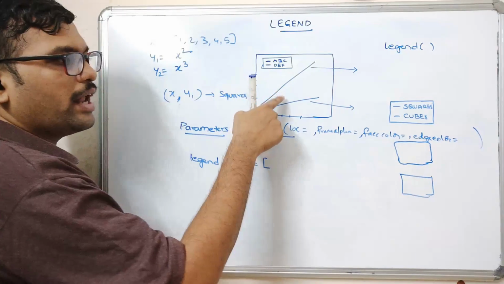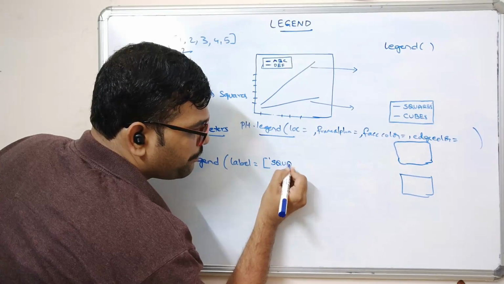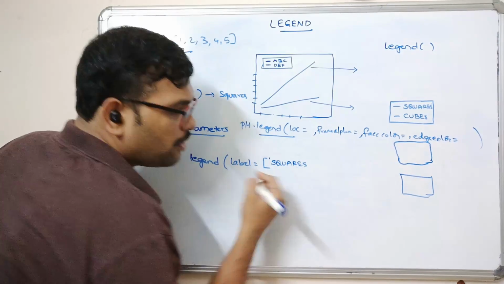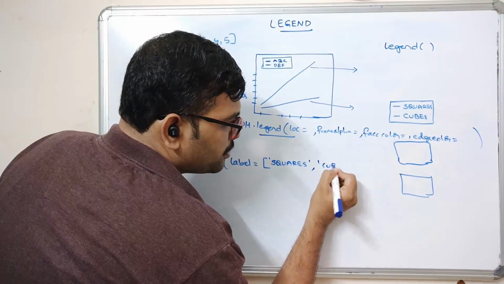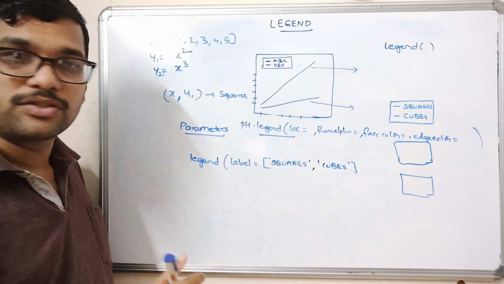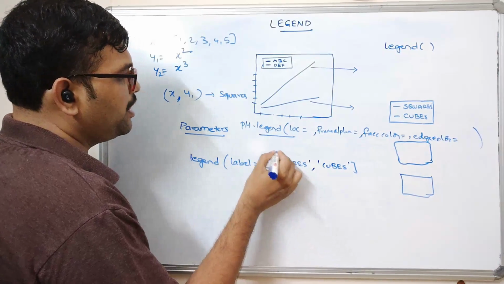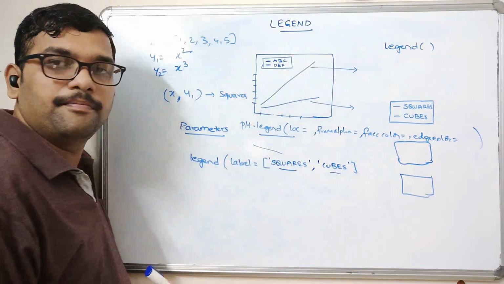So here if you have two plots, you can give it as squares, comma, cubes. This is the list of strings. Automatically this will be applied to the first line and this will be applied to the second line.